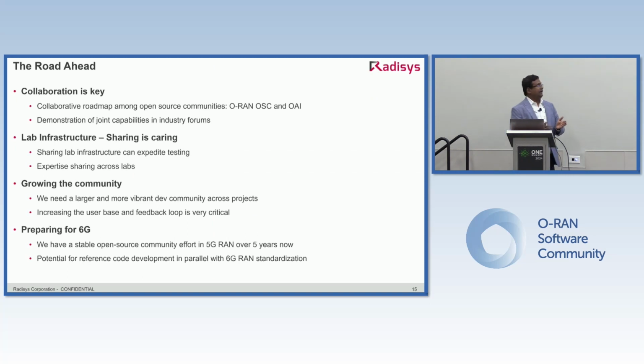And that leads us to the view of what is the road ahead for this community. One of the key things we have been emphasizing is collaboration. Over the last one year, David and the OAI leadership, a lot of us actually, have been very closely collaborating between the communities, and that's yielding results already. And on the lab infrastructure, as I said, sharing is caring. Whatever we can share, we do, and that expedites the implementation and integration.